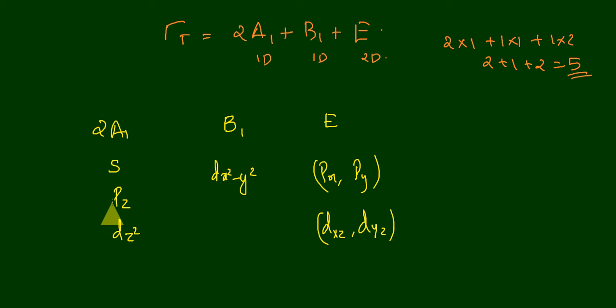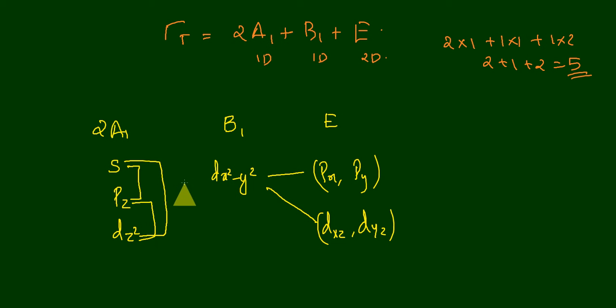What are the 6 combinations possible? We know that dx square minus y square is always compulsory. So this one can be combined with either px py or dxz dyz. But there are 3 pairs from the a1 set, because we can take 2 orbitals of a1 symmetry. Either it can be s pz like this, or it can be pz dz square like this, or it can be s then dz square like this.